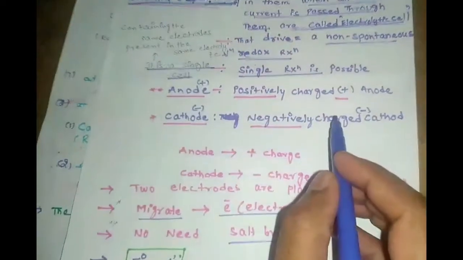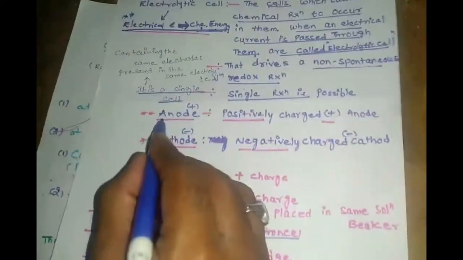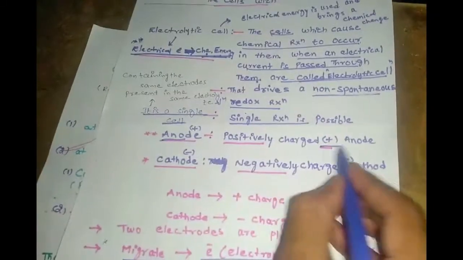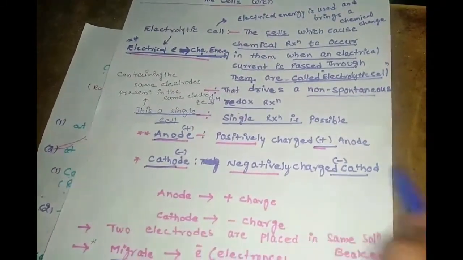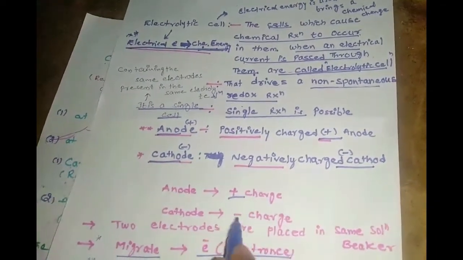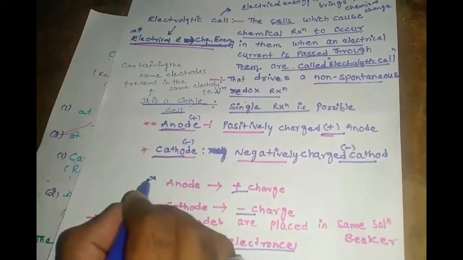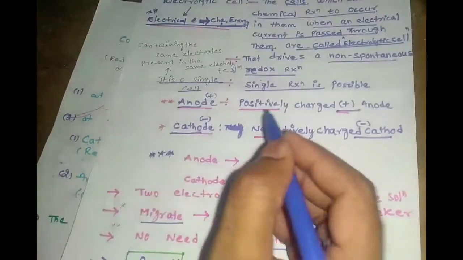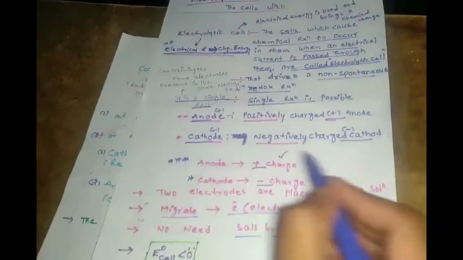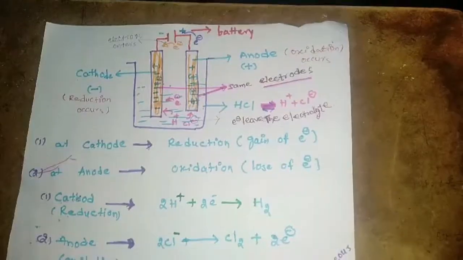And the next point you remember, anode charge is positive, cathode charge is negative. This is very important, so they ask in the entrance: in an electrolytic cell, is the anode minus or plus charge? So the anode is a plus charge. Cathode we denote as the minus charge.